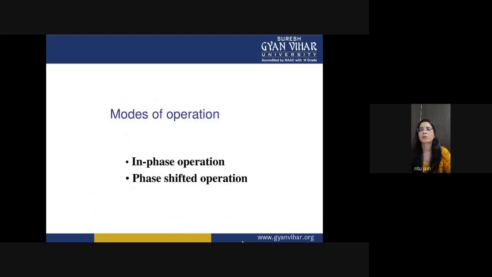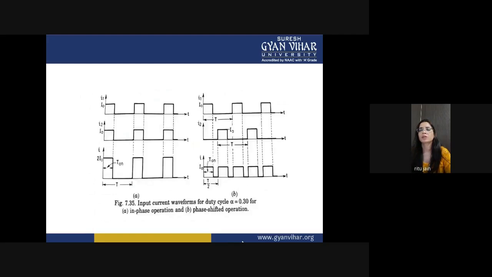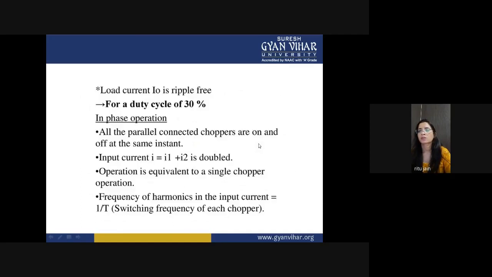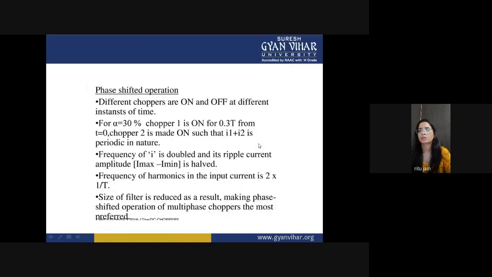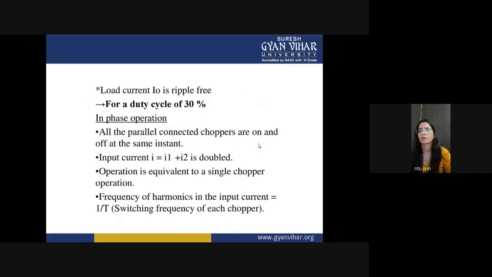There are a few modes of operation. One is your in-phase operation and another one is your phase-shifted operation. You can see from the diagram that this is the waveform of your in-phase operation, and this is your phase-shifted operation. In-phase operation, all the parallel connected choppers are on and off at the same instant.